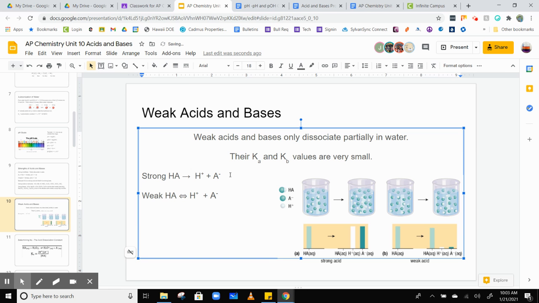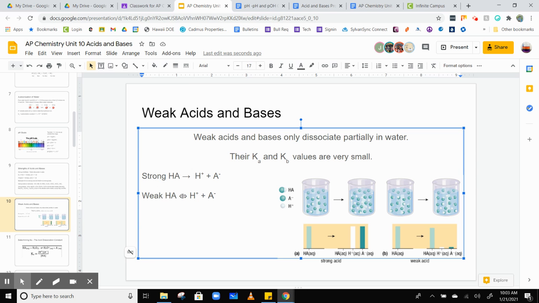It looks like that, right? So here, strong goes all the way to H plus and A minus, weak is in equilibrium. It goes back and forth. So we have an equilibrium that's being established.